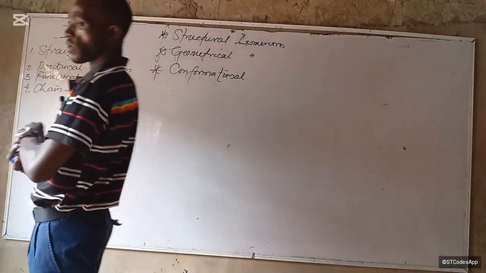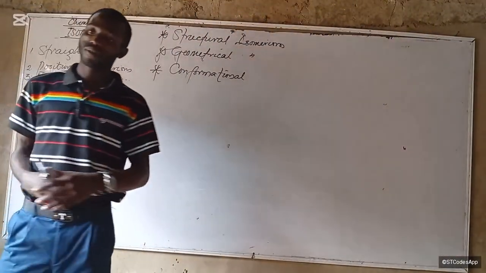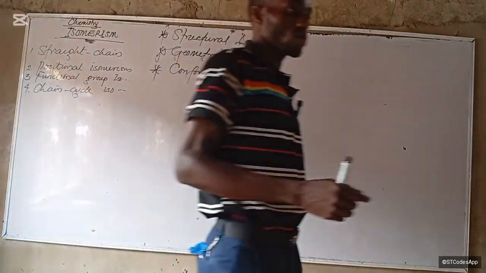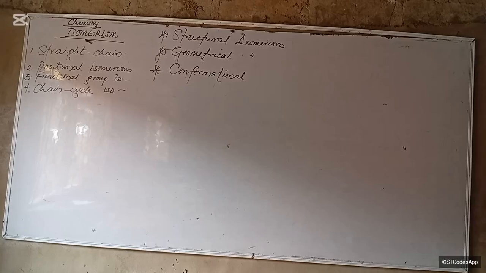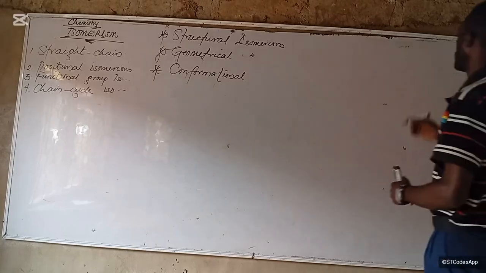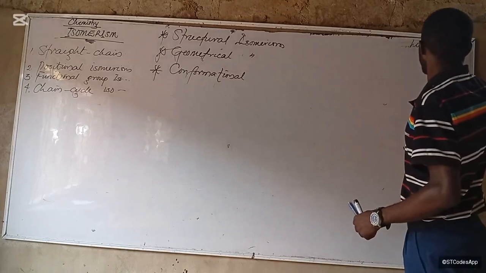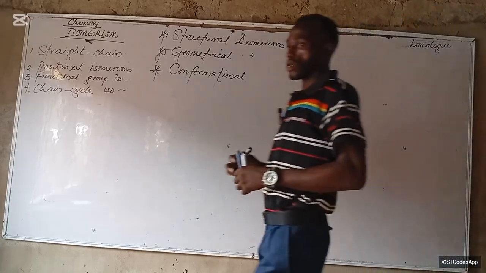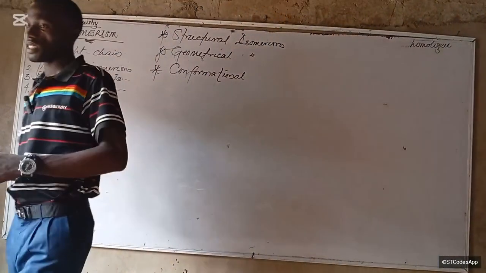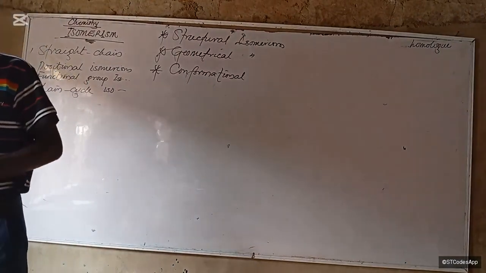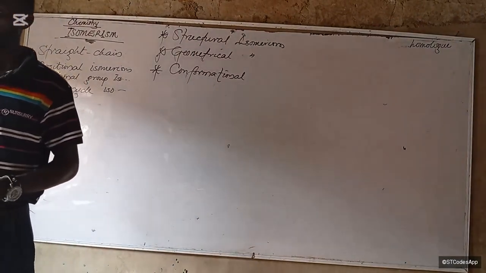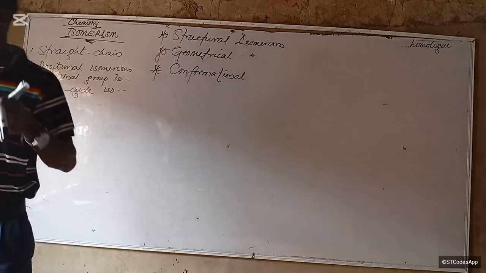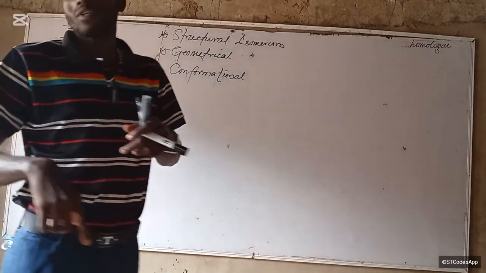An alkane homologue, or a member of the alkane family, that's what I mean. An alkane homologue is always an isomer of... no. A cycloalkane homologue, I'm sorry.